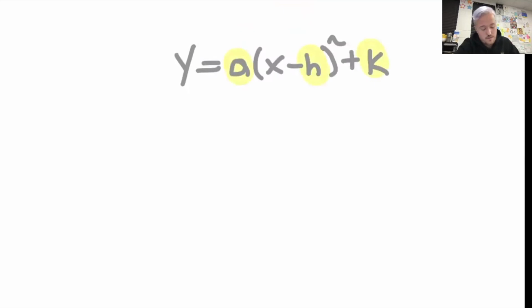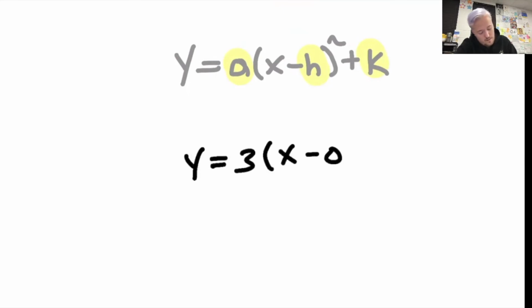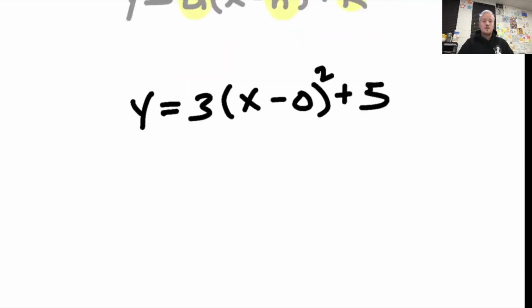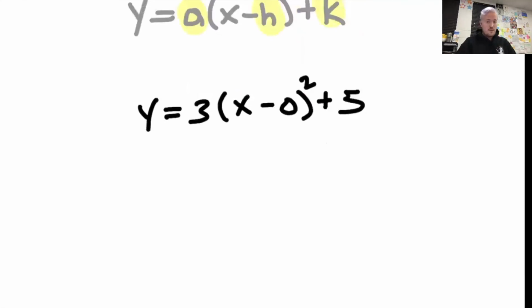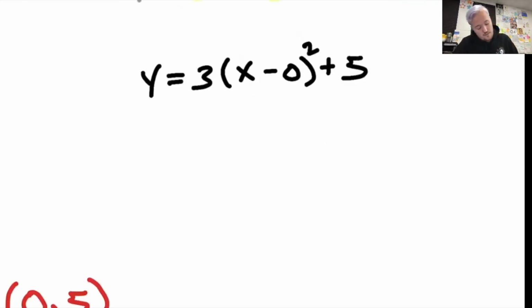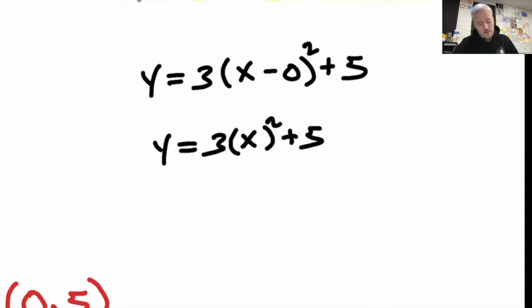Here you have an a value of 3, an h value of 0, and a k value of 5. Now, when you subtract 0, it doesn't change the value, so I'm just going to rewrite it as 3 parentheses x squared plus 5.